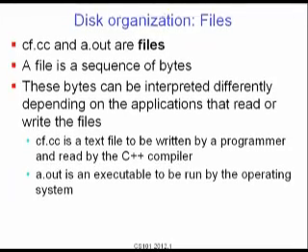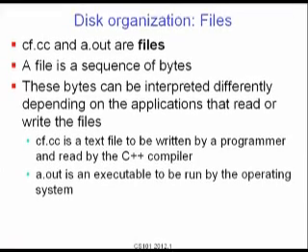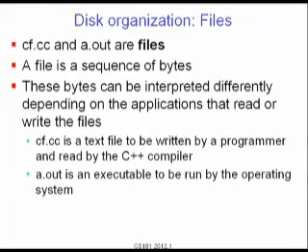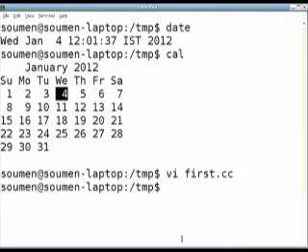You write it as if you are writing a letter, but then that's read by the C++ compiler as a precise description of a recipe to do some computation, and then that's turned into a.out, which is an executable, which is not meant for human reading, but which can be run by the operating system. Remember, we saw that the empty program turned into 4 kilobytes of stuff. So what's in there? Let's see what goes in there.